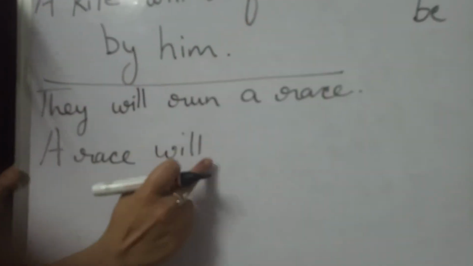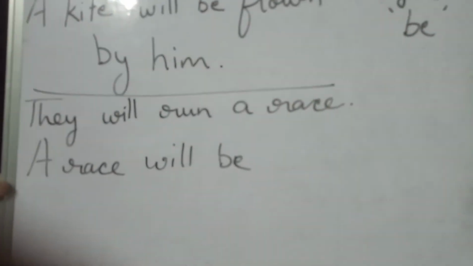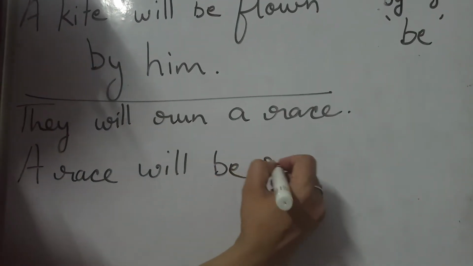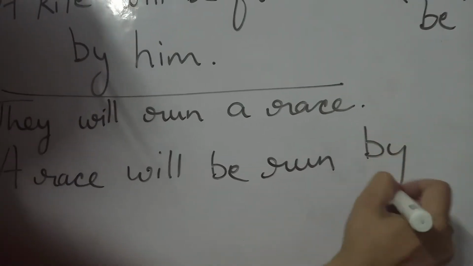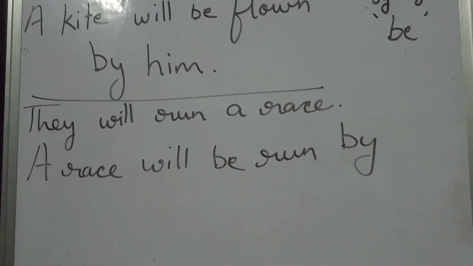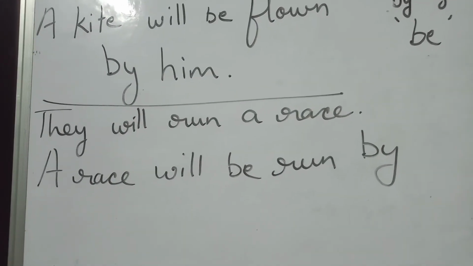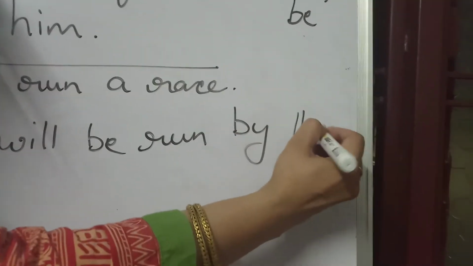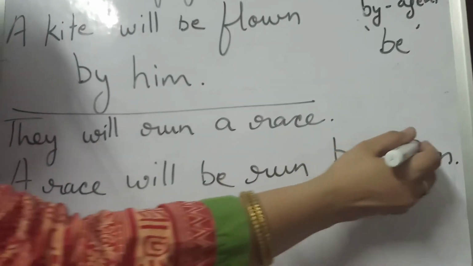What I told you, be. What will be the third form of run? Will be run only. Run. Agent, by. See, every time I am telling you what rules we are following, and they becomes them.